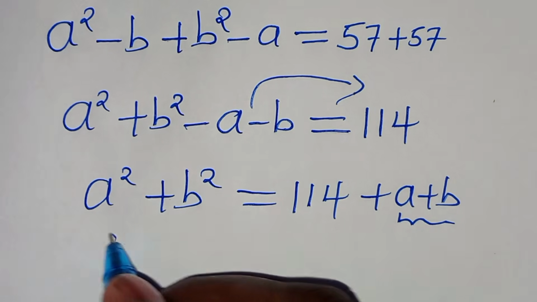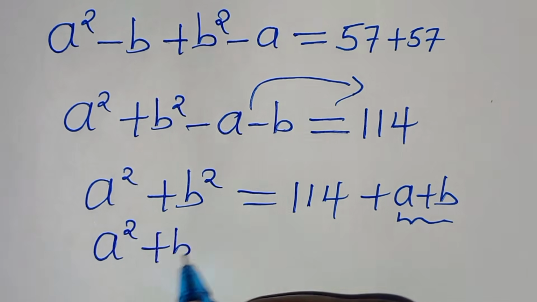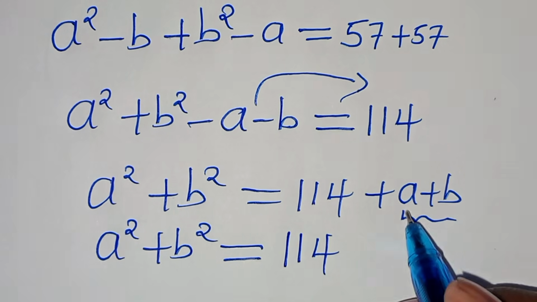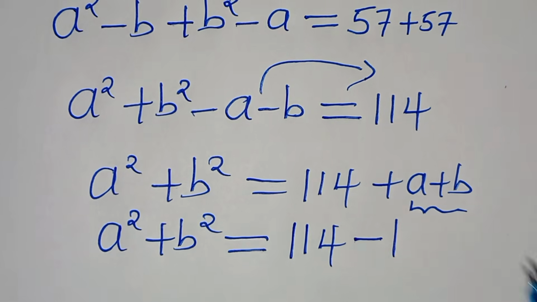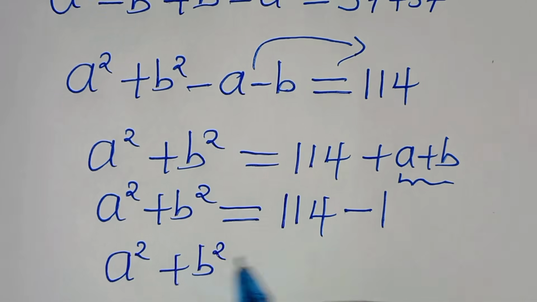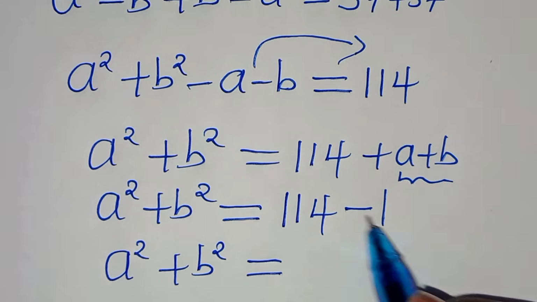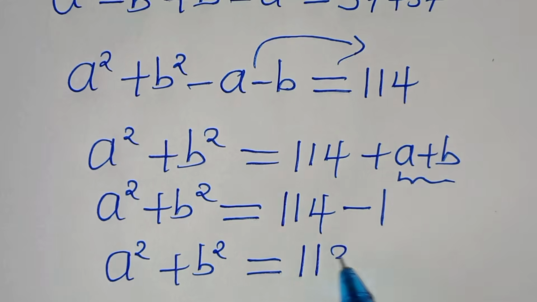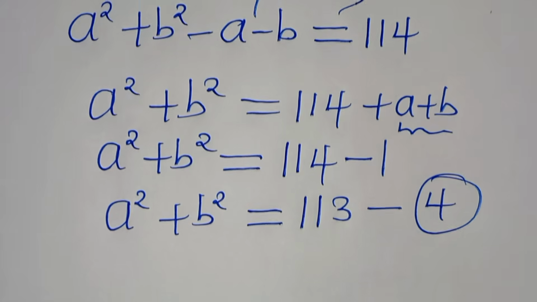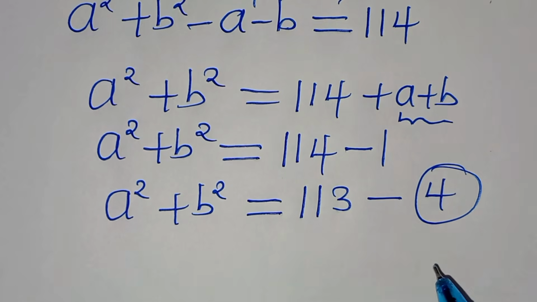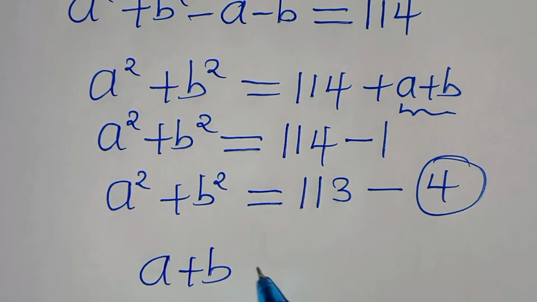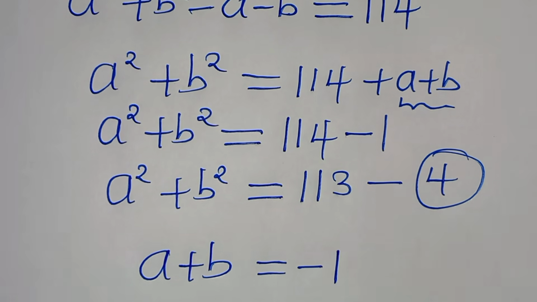So we have a to the power of 2 plus b to the power of 2 equal to 114, and a plus b is minus 1. So we have a squared plus b squared equal to 114 minus 1. This is 113. Let's call this equation 4. Now from equation 3, a plus b is equal to minus 1.